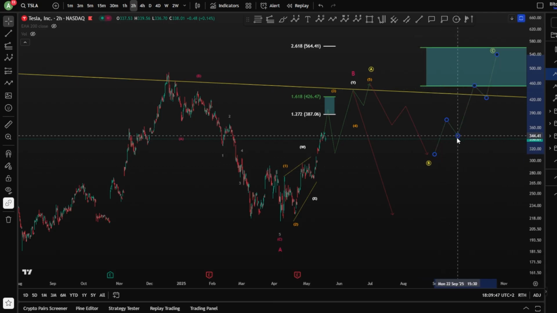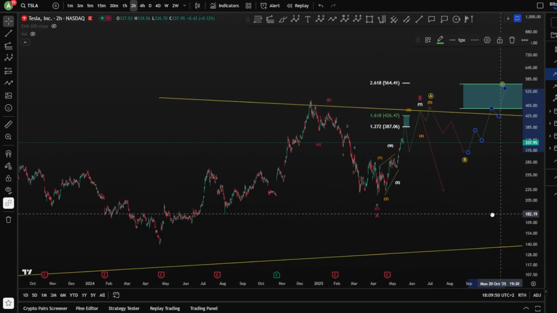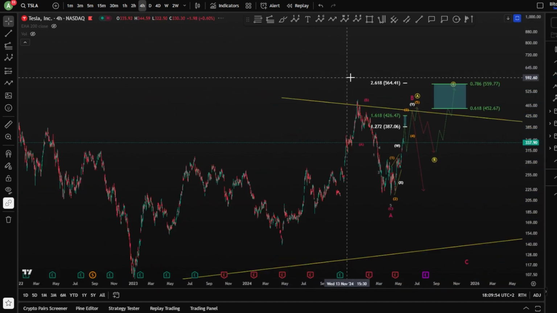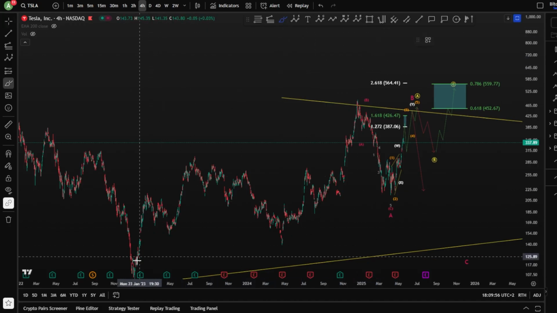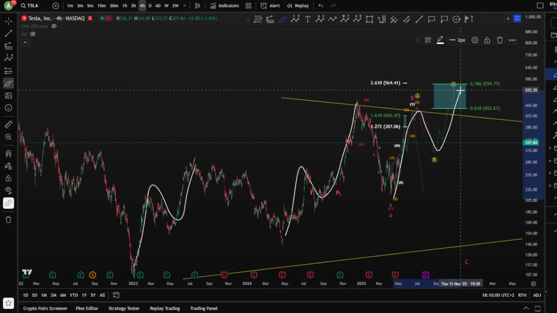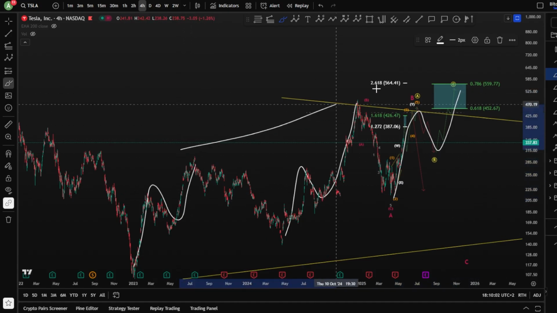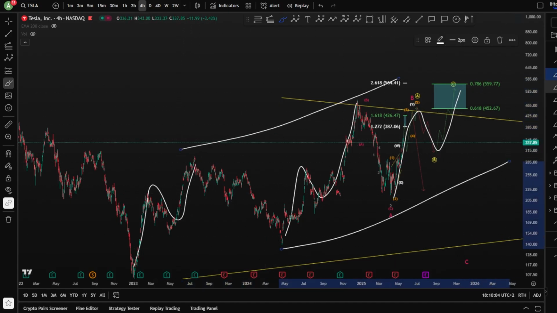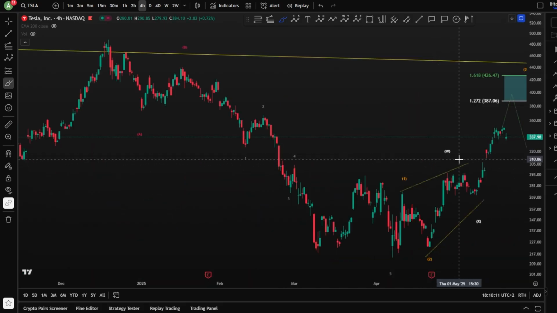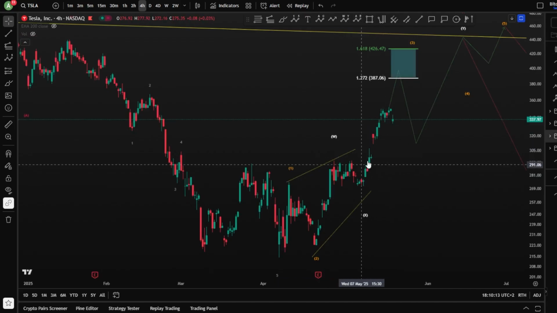Yeah, so this is what I'm looking for in the next price action, and this would look perfect actually if we take it in a bigger view here. It would look perfect as a zigzag, and finally one final zigzag, bringing us into a leading diagonal or ending diagonal, it can be. All right, so that was it for Tesla. What we are looking for is potentially higher prices.